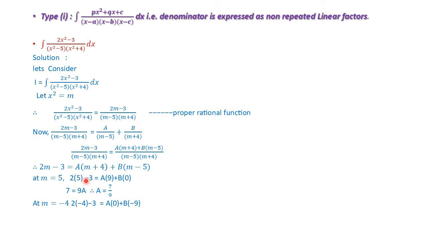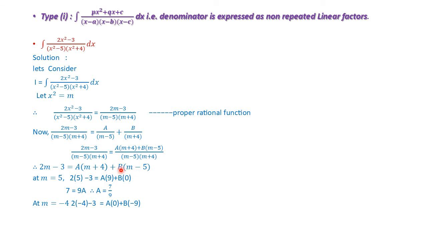That is, 2 into 5 is 10, 10 minus 3 is 7, and 5 plus 4 is 9, so 9A, plus 5 minus 5 is 0, B into 0. That is, 7 is equal to 9A, so A is equal to 7 by 9. We get one constant, that is A.